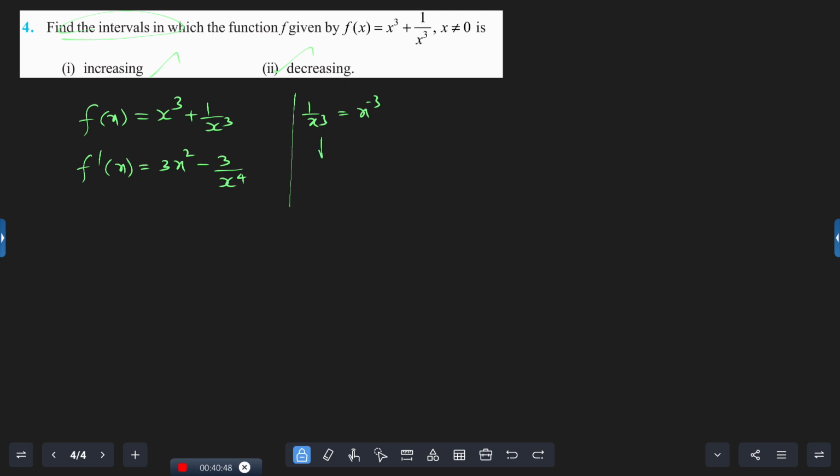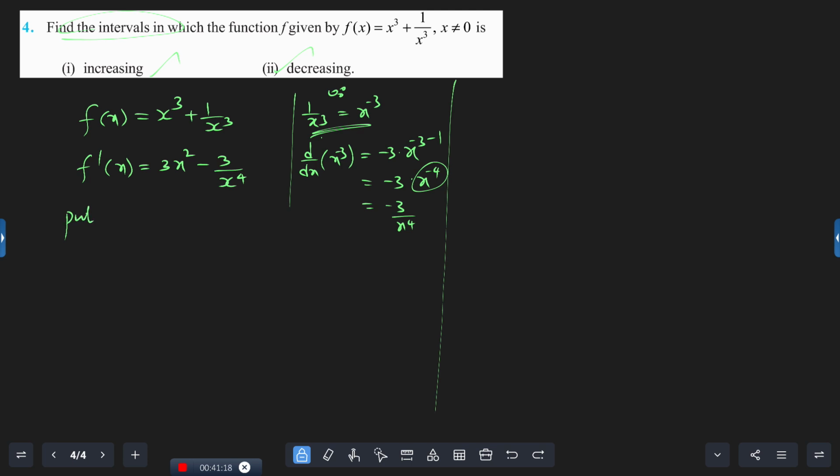When you differentiate this, minus 3 comes down, x power minus 3 minus 1, that is minus 3 into x power minus 4, which we write as minus 3 divided by x power 4. That is what I have mentioned here directly. This formula I gave from the beginning, when I was doing derivatives in the 5th chapter.